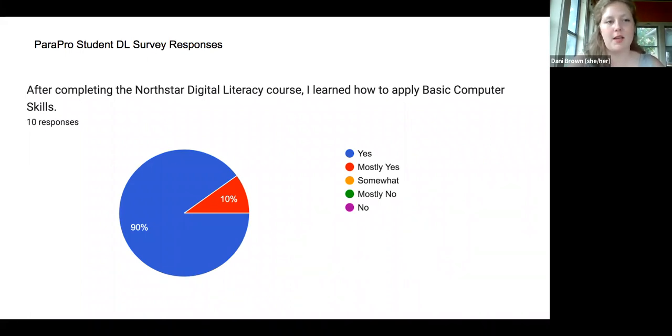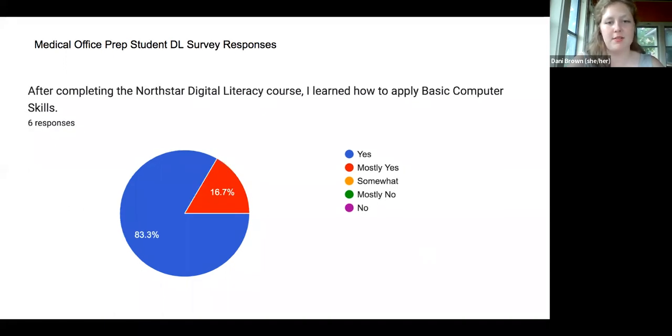On the next slide, we compare that with the medical office prep class that also learned basic computer skills. You can see that it's just about the same, maybe 9 out of 11 said that it helped them, and then 1 or 2 said mostly yes. So this is good feedback.